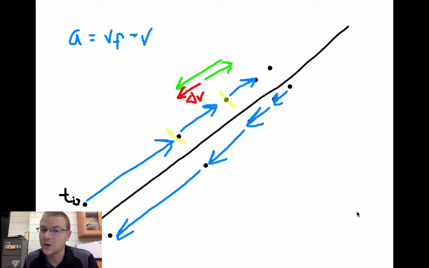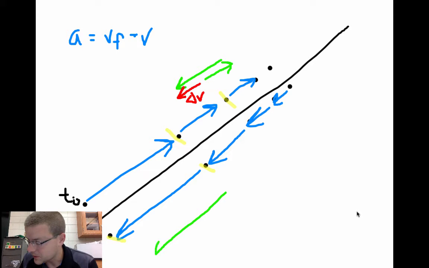Remember, accelerations always point towards the change in V, so on the way up the ramp, you're losing velocity because your acceleration is backwards. On the way down the ramp, if I select this point and this point as my starting and ending points, I can see that my VF minus VO, the change in velocity, is still down the hill.